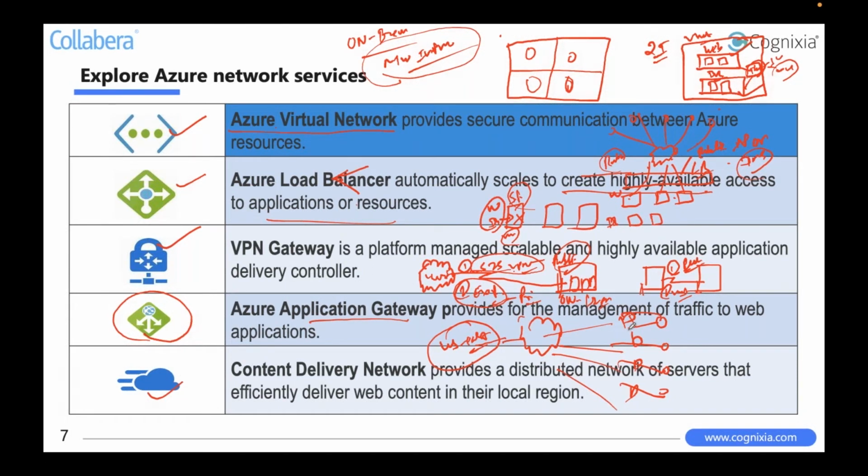Whenever the user makes a request, this content will be served locally, and the user will get the content faster compared to direct access. You don't need to access your content directly from your origin server. But if the edge server doesn't have this content, the request will be sent to the origin server.